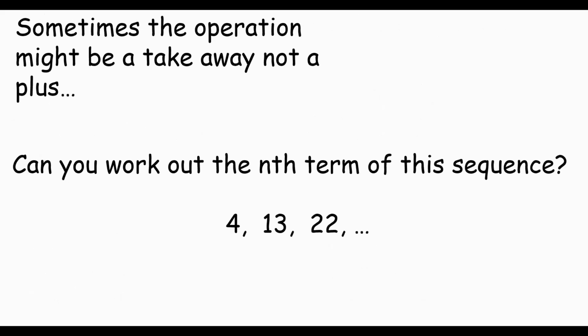Finally, we might not have a plus as our second operation. You might have a minus. For example, in this sequence, we can see that the term-to-term rule is going to be add 9. So we want to consider the 9 times tables, 9, 18, 27.